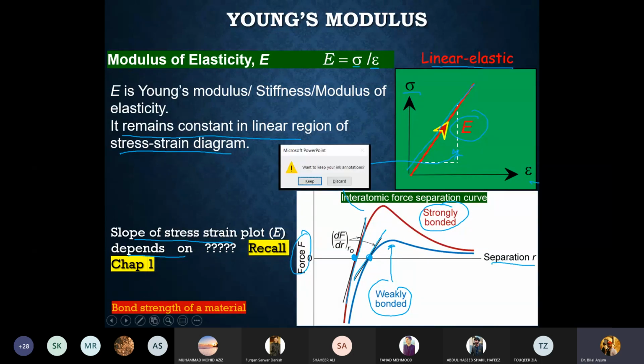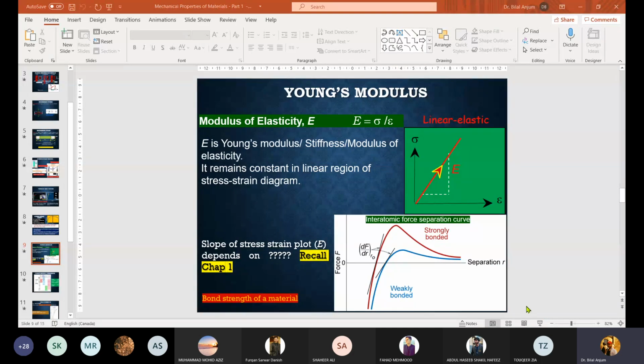No one. All right, let me check my internet connection then.